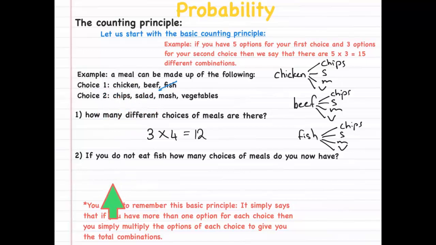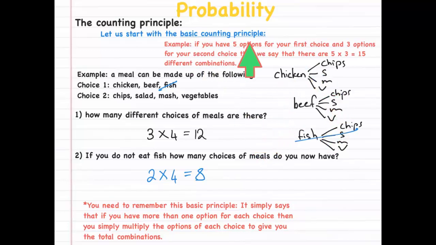So let me write down the 2. And then we multiply it with how many options we have in our second choice, which will still be 4. So times 4, and now I will basically have 8 choices, which is true. Because if we look here at the right, if we take away this entire fish section here, then there will just be 8 options left.